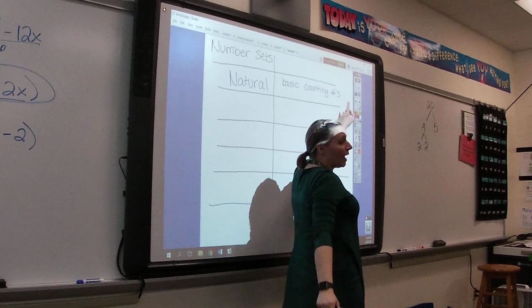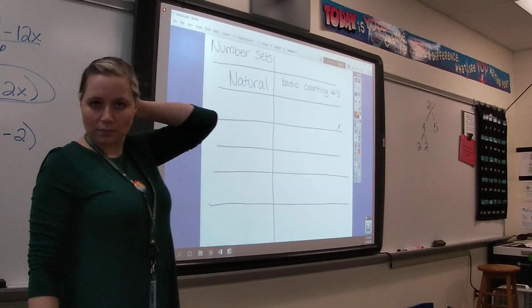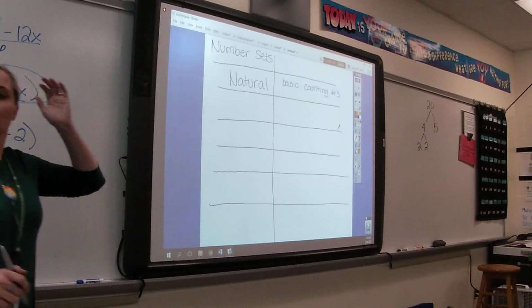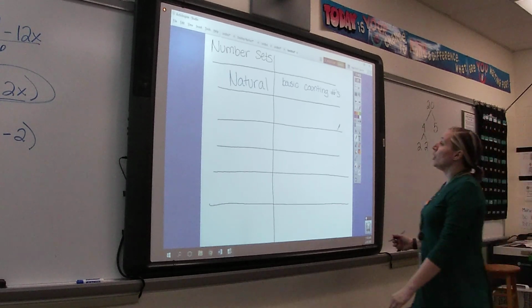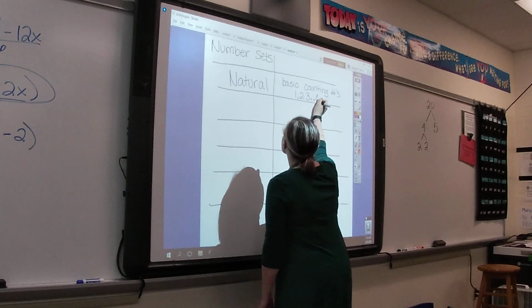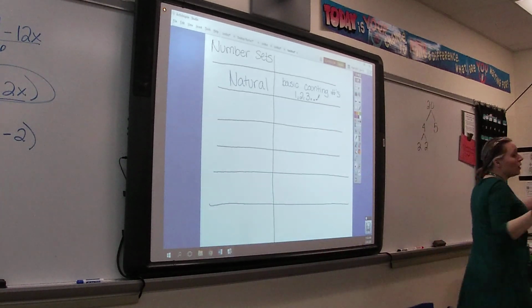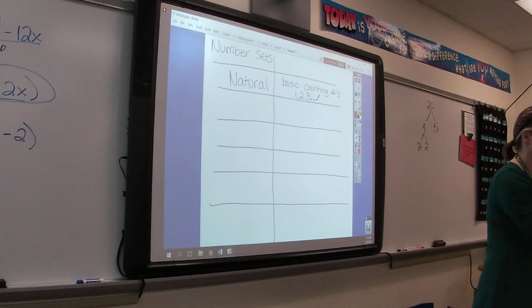So you'll lift up natural numbers and write it underneath that flap. Our basic counting numbers are anything that we could count by counting objects.